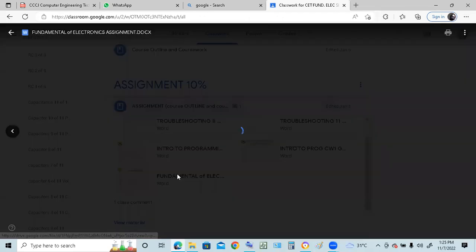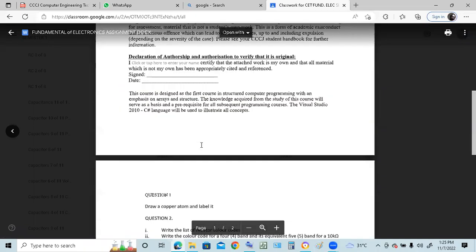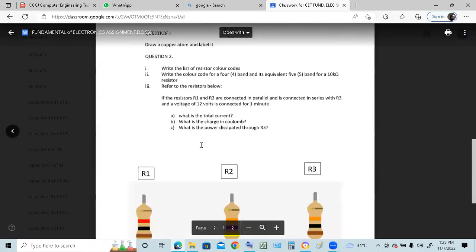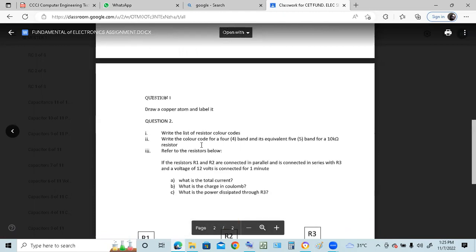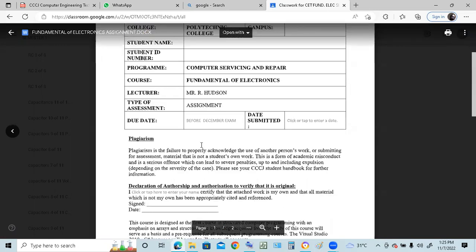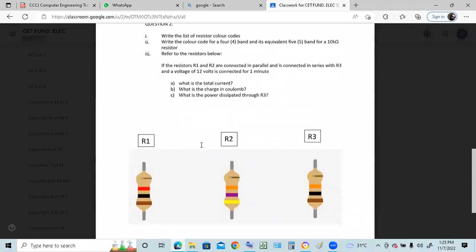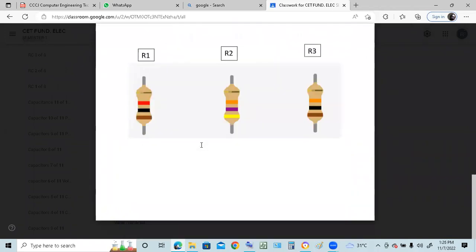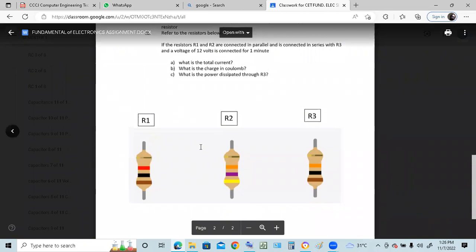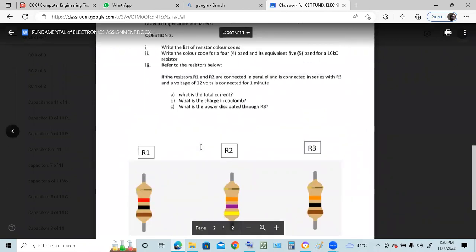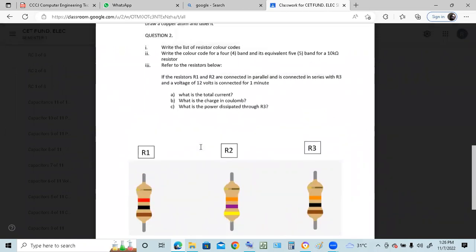Let me see something. So this is the first assignment. There's another one that I sent.